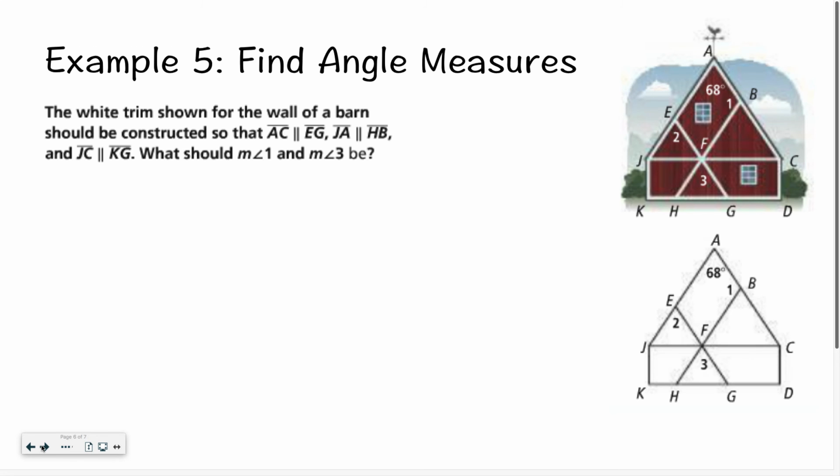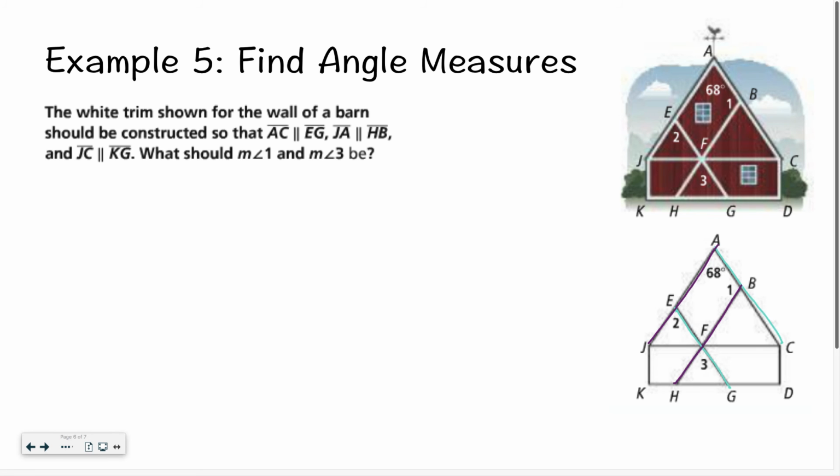So let's talk about this picture of a barn. So the white trim shown for the wall of a barn should be constructed so that segment AC is parallel to EG. So I'm going to say AC is going to be parallel to EG. Segment JA is going to be parallel to HB.